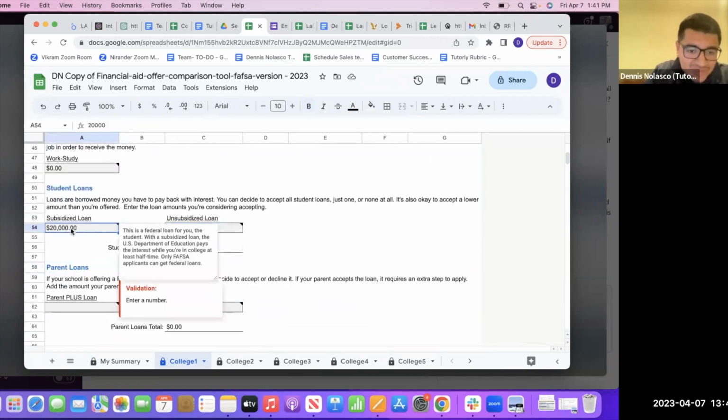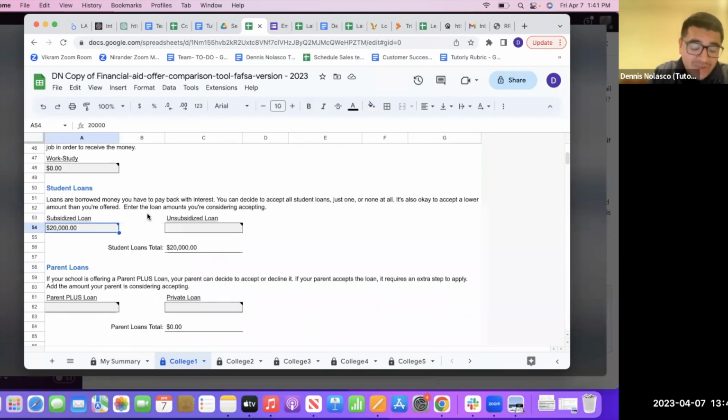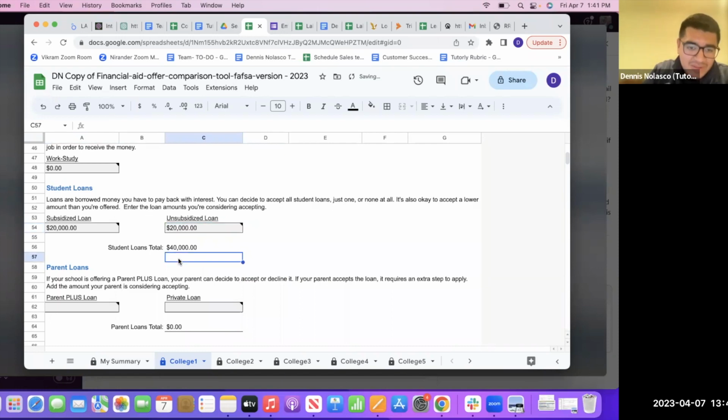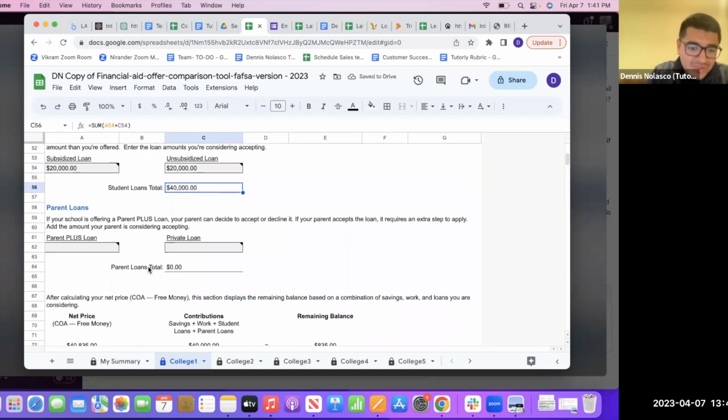With subsidized loans, the U.S. Department of Education pays the interest while you're in college at least half time, so you don't have to pay until after you've left college. Unsubsidized means you have to pay all the interest. So this person is going to take out $40,000 in loans.